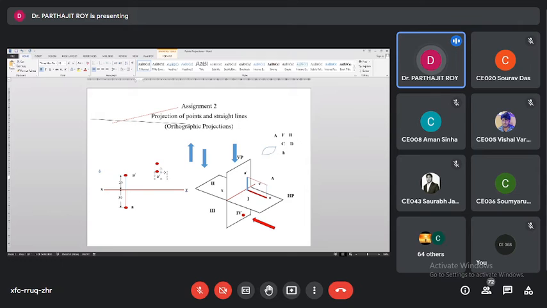This will be my front view. If my actual point is B, the front view will be B dash, and the top view will be the corresponding small letter without any dash. So this is b.